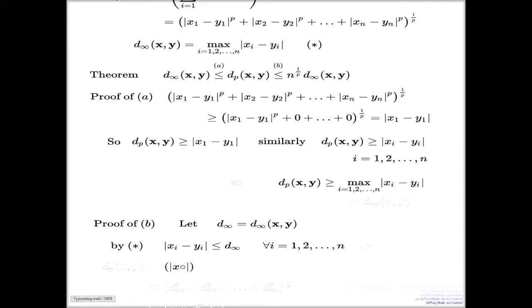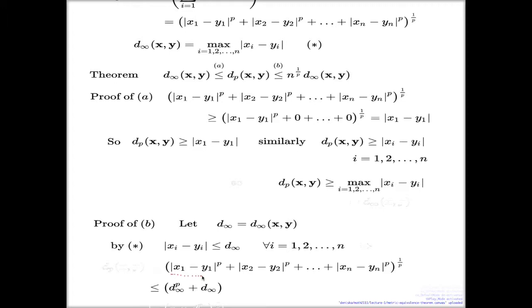From that, again, I'm taking the expression for my d_p norm, this expression. And this time, rather than vanishing these individual terms, I will replace them with a larger expression, with d infinity. If I replace them with a larger expression, look what happens. This one is replaced with d infinity to the power p. Next one is replaced with d infinity to the power p.